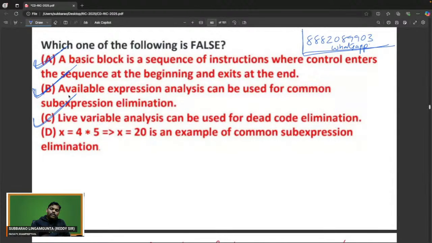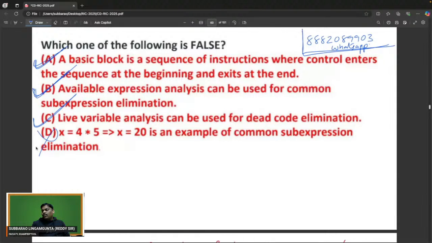No, it is not common sub-expression elimination. It is constant folding. Live variable analysis, the name itself says which variables are live. Those which are not live are dead only, because anyhow we cannot use them. So live variable analysis can be used for dead code elimination, of course.